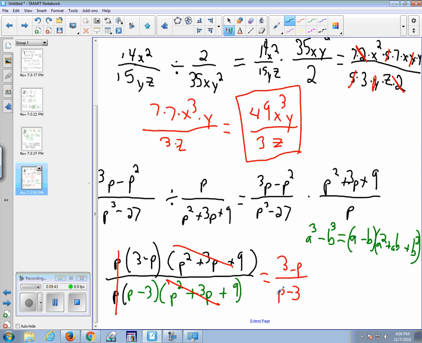Here I have the opposite, positive p, negative 3. Let's factor out a sign. The opposite of negative 3 is positive 3. The opposite of positive p is negative p, right? If I distribute this negative, I'll get my red numerator.